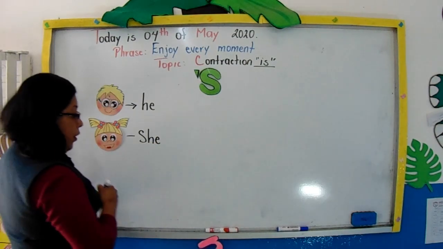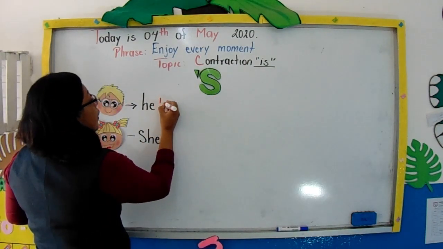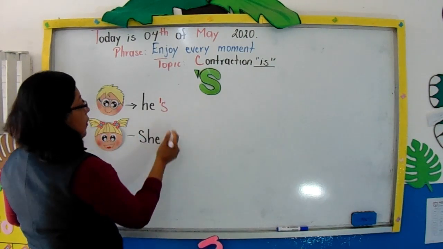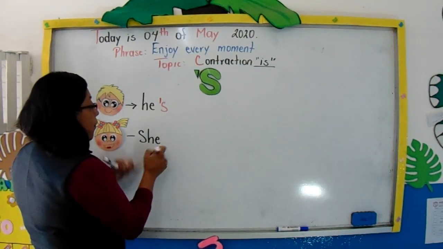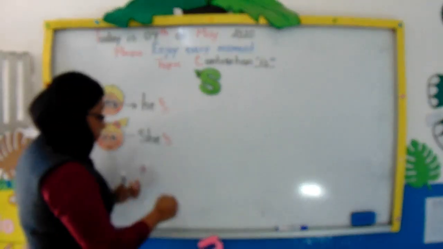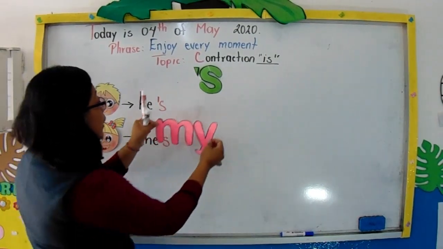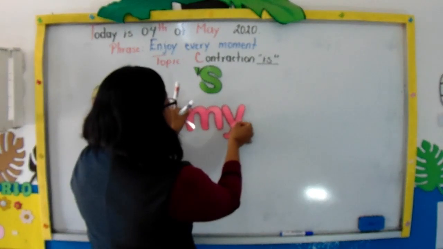But we are gonna use the apostrophe s. He, we are gonna change for he's, right? And when we have she, it is she's. Then in front of it, we have to use the word my. The meaning of my is mi or mis.